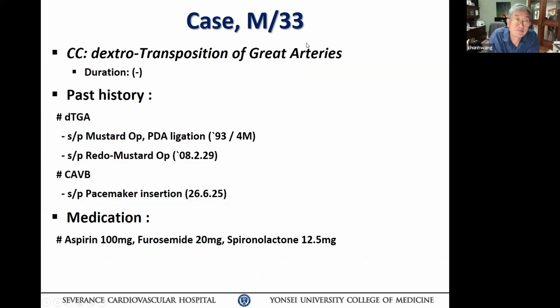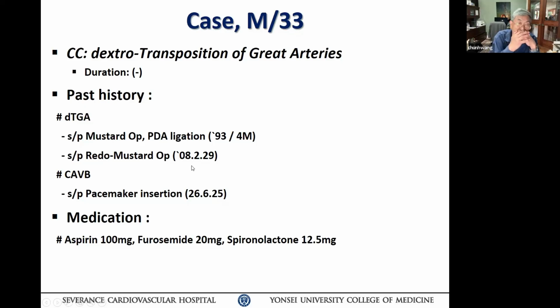This is a 3-year-old male with dextro-transposition of the great arteries, diagnosed at birth. He had the Mustard operation at 4 months, and a redo Mustard operation in 2008. The ECG was taken 1 hour after the redo Mustard with cardiopulmonary bypass.